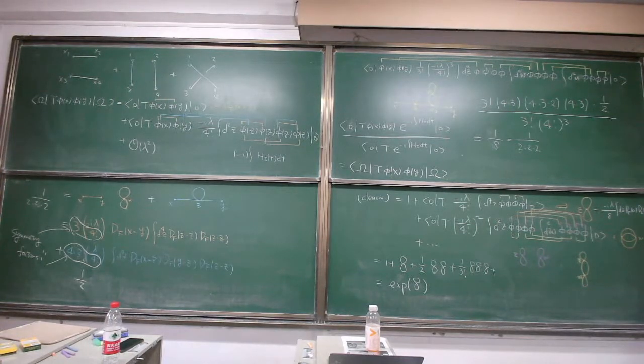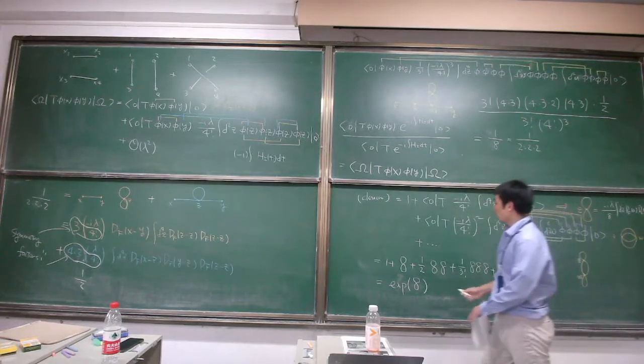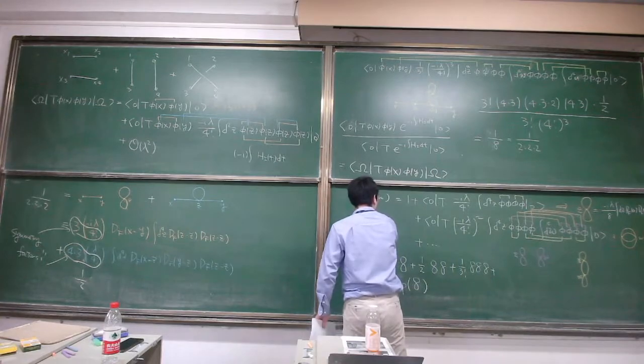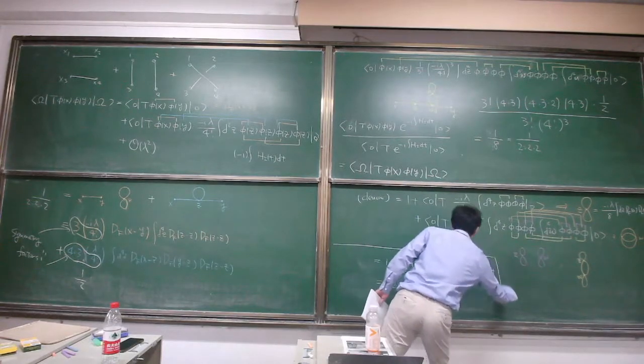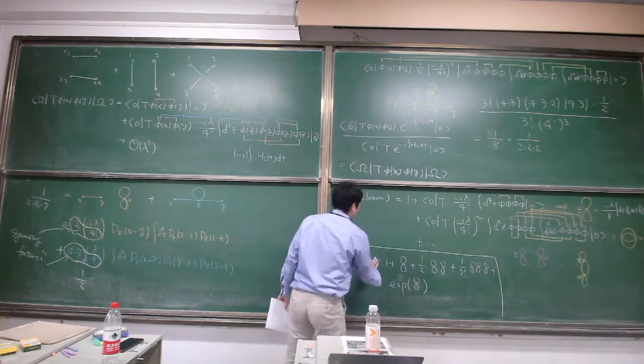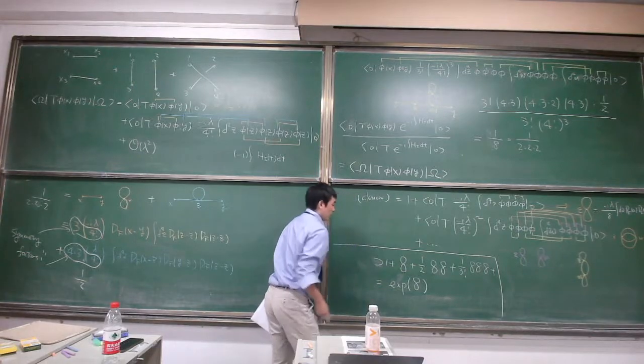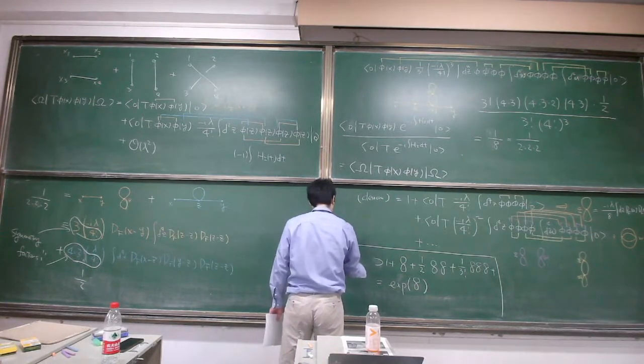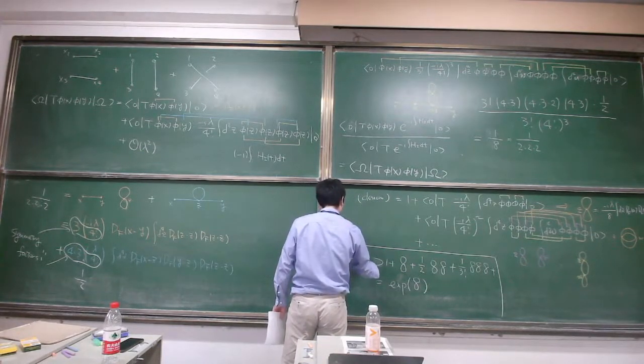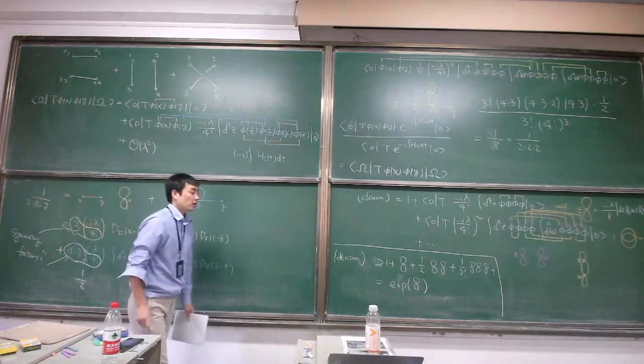Okay, so that's the vacuum diagram. The same thing happened in the other diagram. So therefore, sorry, this is not the equality. So the denominator contains this factor.